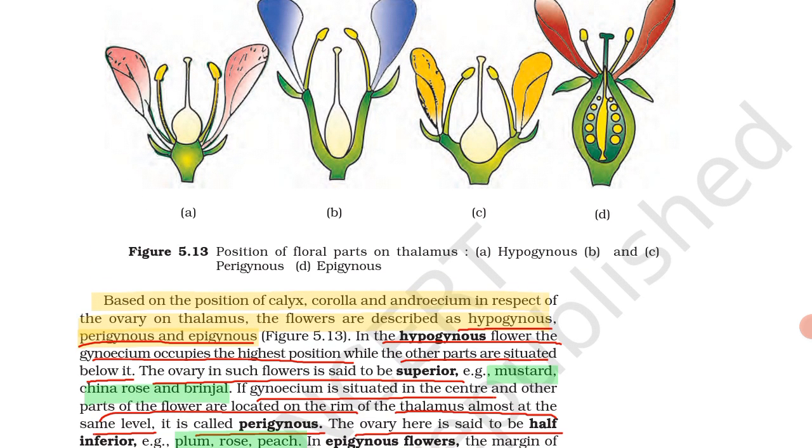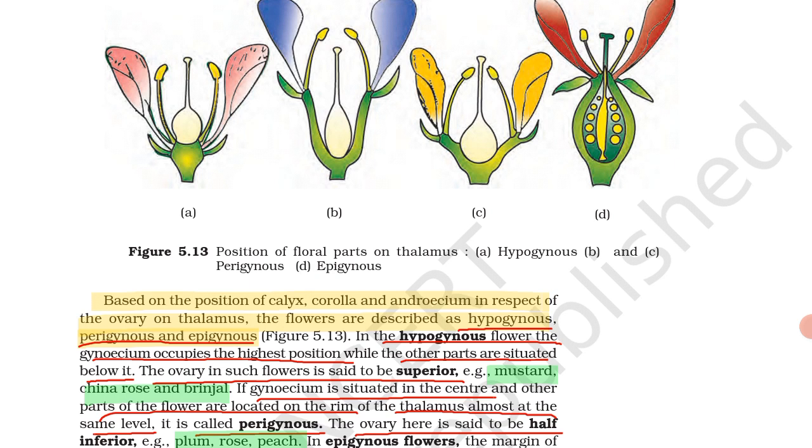So let's see the hypogynous flower. The gynoecium occupies the highest position while other parts are situated below it. The ovary in such flowers is said to be superior.